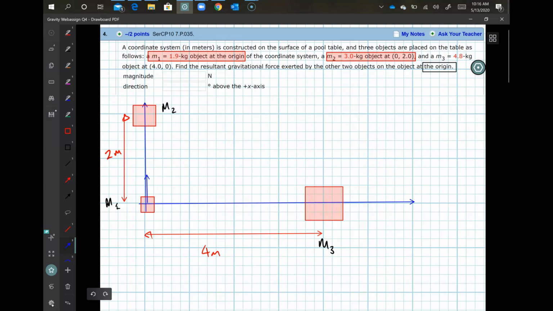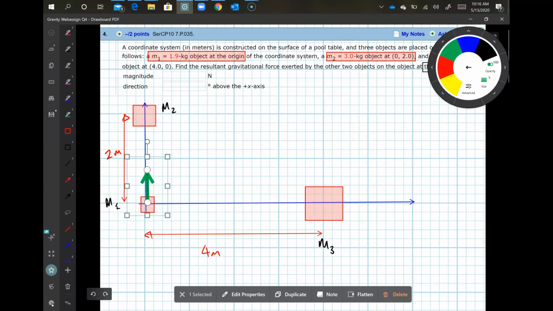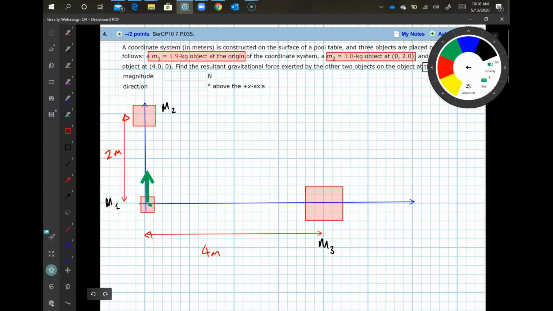Let me change color on those arrows. Let's go with a green one. Because of M2, right? So there'll be a force upwards there. We'll label that in a second. And then there will be a force in this direction due to M3. Hard to say which one should be bigger at this point because M2 is smaller than M3, but M2 is closer than M3.